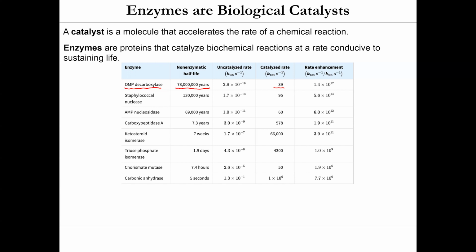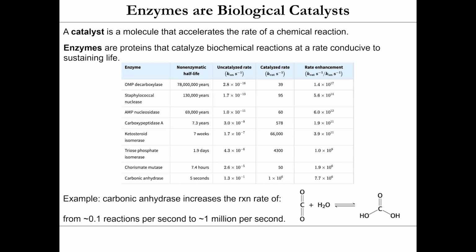And here we have some other examples of different enzymes and how they speed up reactions that would normally take seconds to hours to years to millions of years. They can now occur many, many times in a second. A good example, and one of the fastest enzymes known, is carbonic anhydrase. Carbonic anhydrase catalyzes the reaction of CO2 plus H2O, and it converts this to carbonic acid, H2CO3.